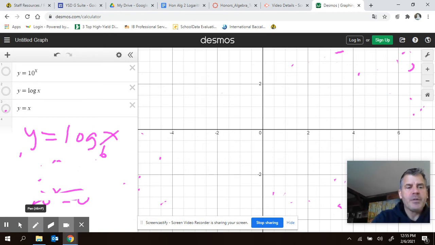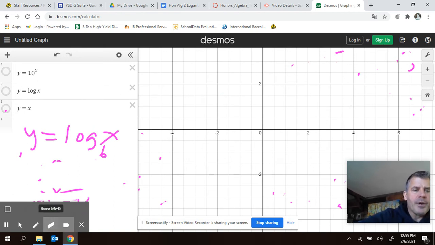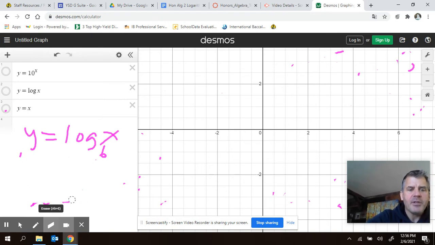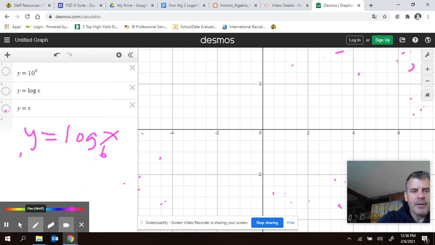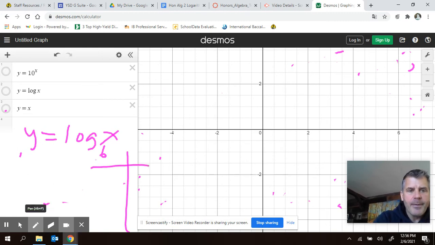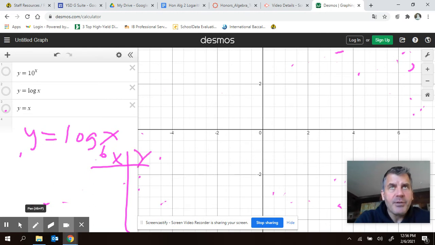So functionally, to be able to do that, you're going to have to set up a table of values to make that happen. And so you got to be very strategic about the values that you pick. So you already know that you can't put 0 in there. You can't put any negatives in for x.